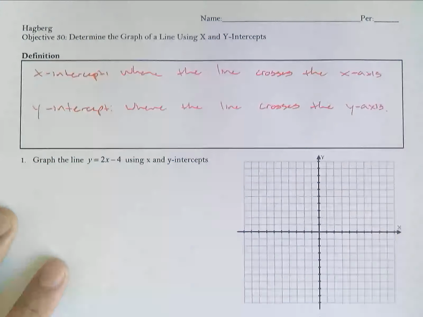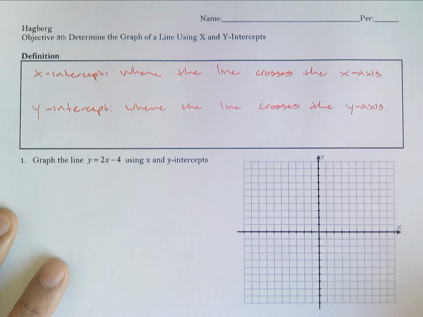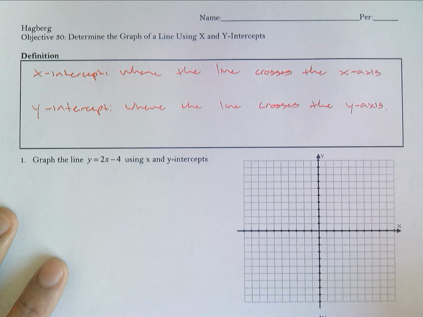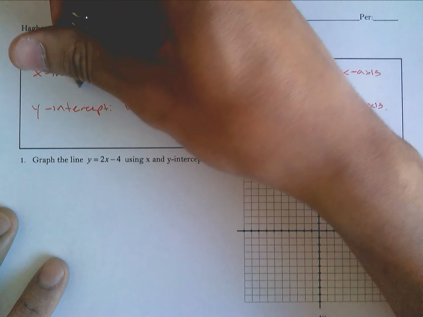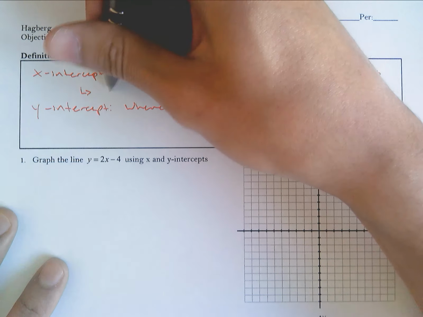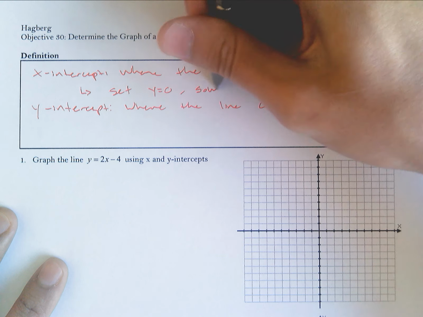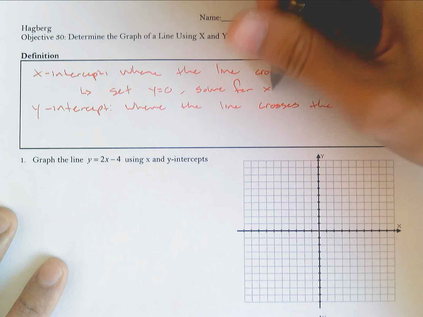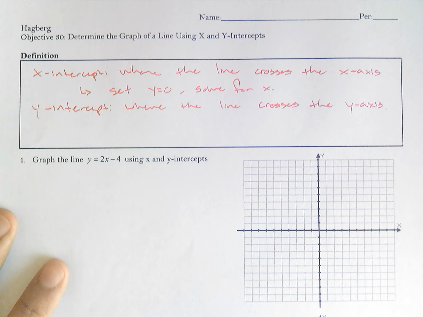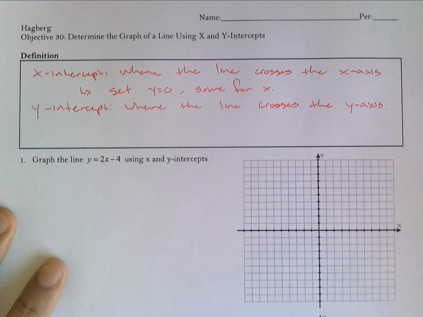And I alluded to this in the previous objective notes, how to find these intercepts algebraically. To find the x-intercept algebraically, we have to set y equal to 0 and then solve for x. And that should make sense. When we picture the x-intercept on the graph, it's where the line crosses the x-axis.